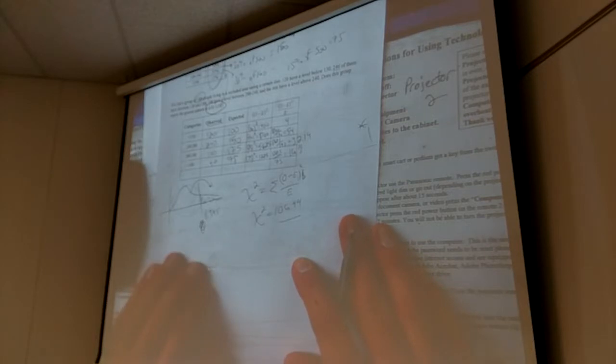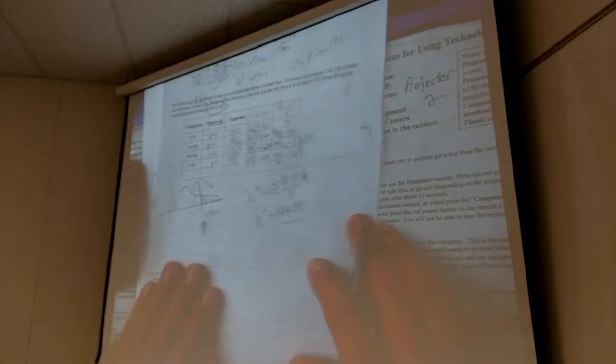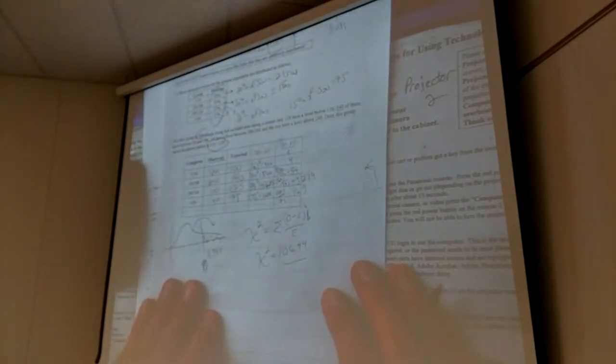That these people's cholesterol levels are the same or different from the general population. What was it? Which one? You've got a 50-50 shot. What does 0 mean? If I got a chi-square of 0, what would that mean? The only way to do that is if my expected and my observed are the same.